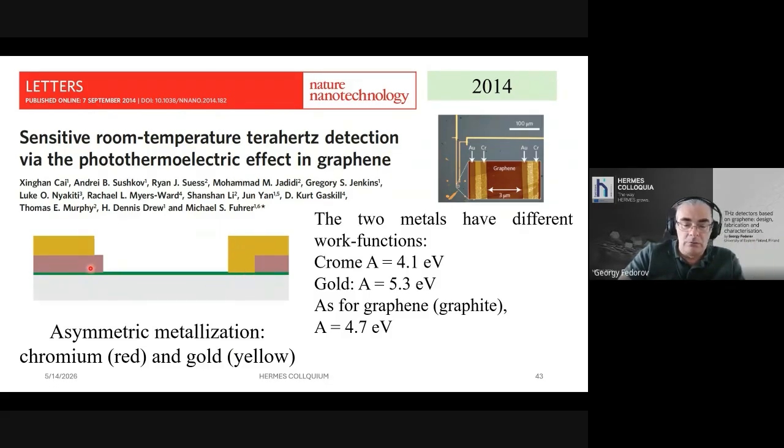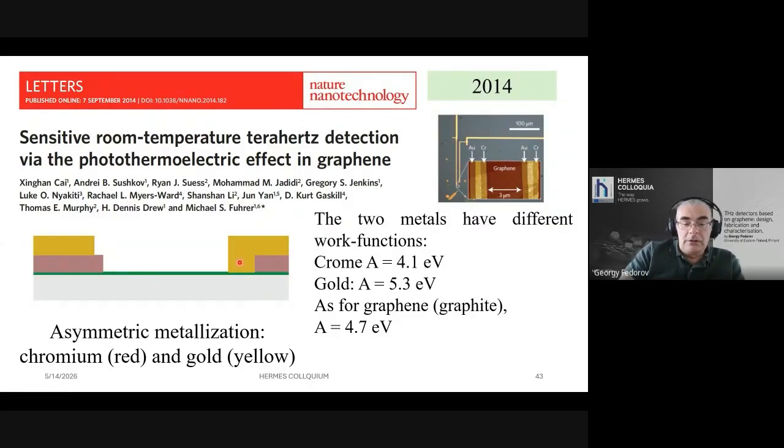It's easy to do using shadow evaporation. And importantly, the graphene work function is in between these two values. This is what is called contact doping. By bringing the graphene sheet in contact with chromium, which has a smaller work function, you dope this part with electrons, so you n-dope this part.